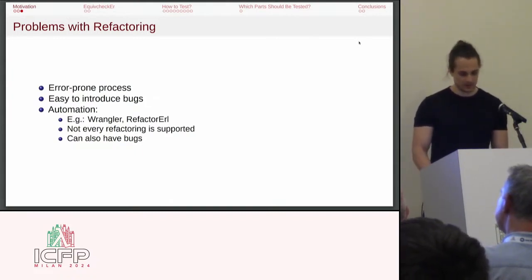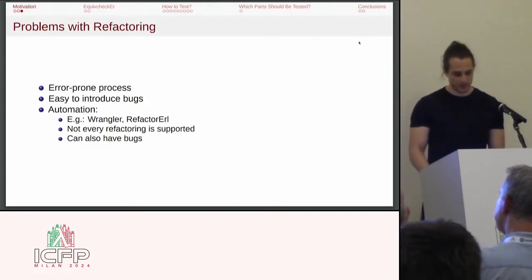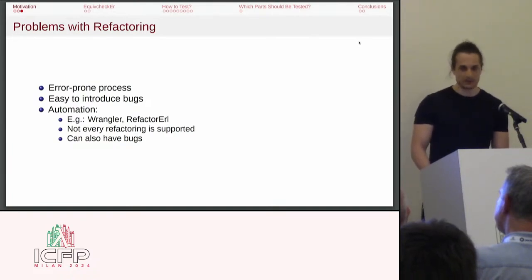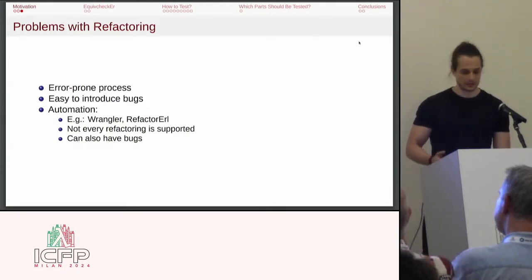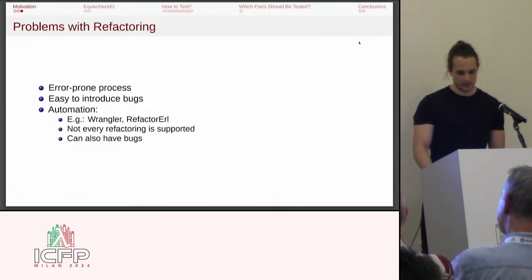They can be a very error-prone process that requires a high level of attention from the programmer, and especially in the case of refactorings that require some deeper level of understanding of the code base itself. And it can be very easy to introduce new bugs during the refactoring itself.